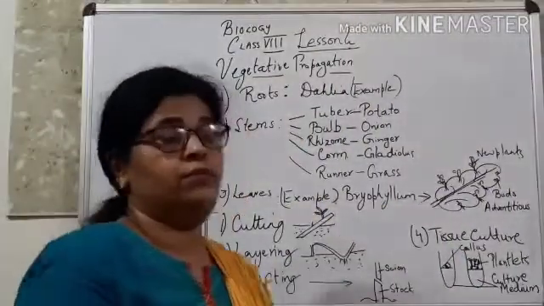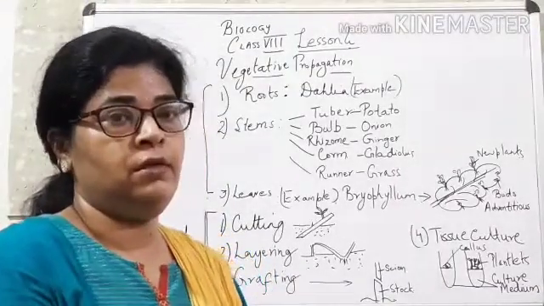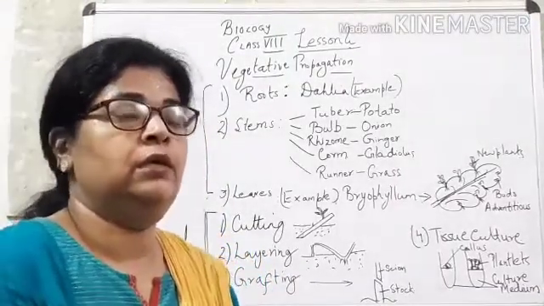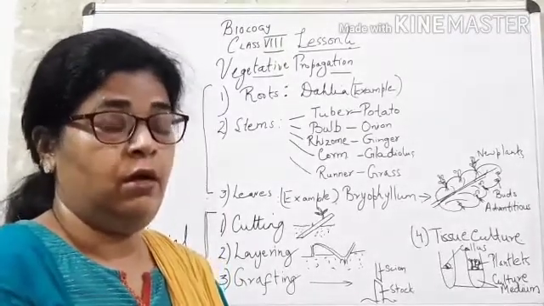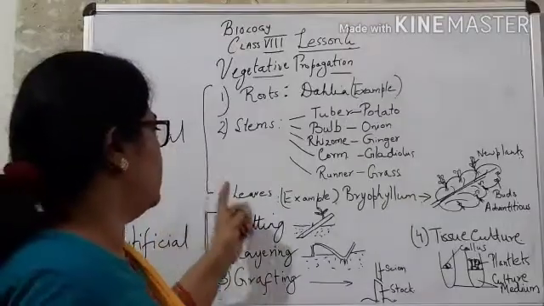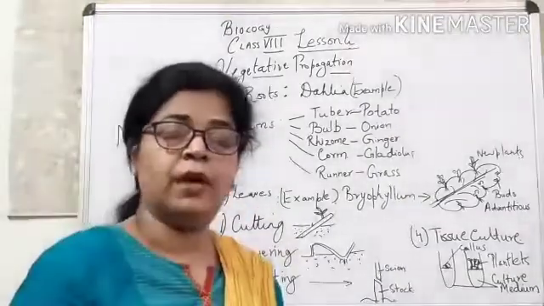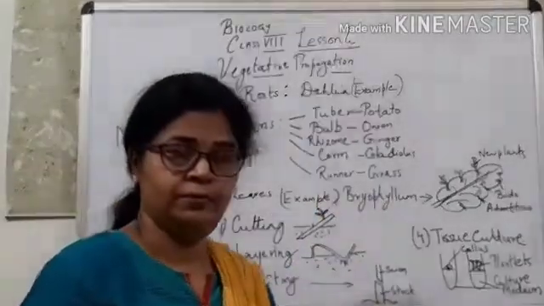So runners may be seen in mint, pudina, in strawberries, in water chestnut, in aquatic plants also. Okay. Then we have natural vegetative reproduction by leaves. Leaves, example bryophyllum.